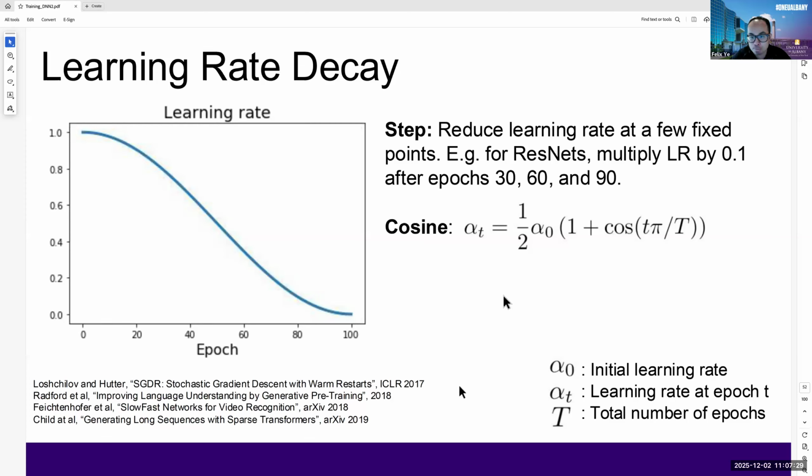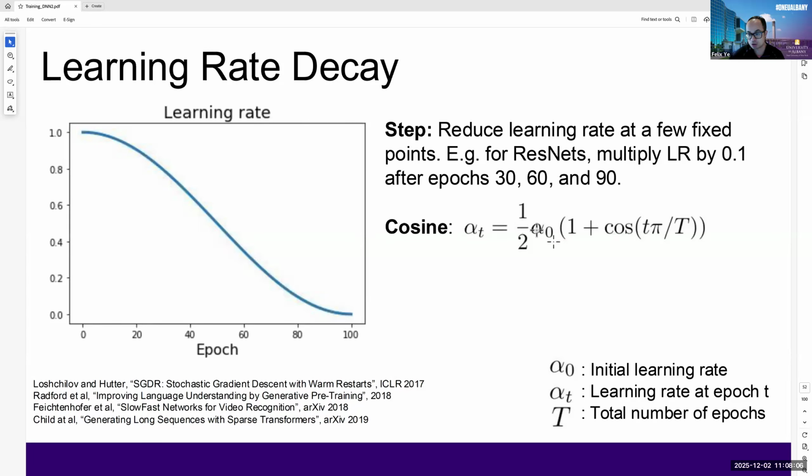But you can also use cosine scheduling. This is another way we can do it. It decreases fairly slowly, but gradually it will decrease eventually. This is called cosine scheduling. It was proposed 6-7 years ago, and it is a very popular method for training, particularly large language models.